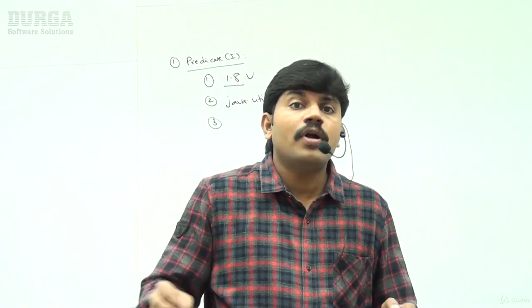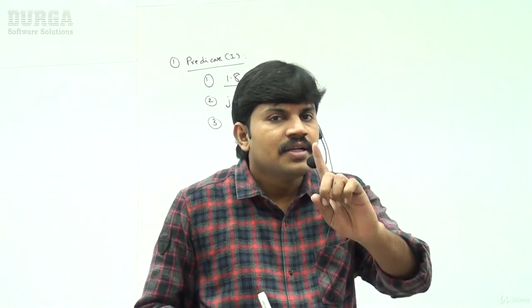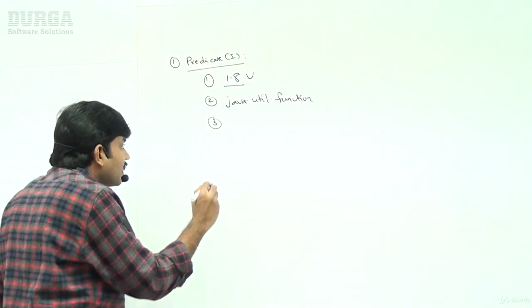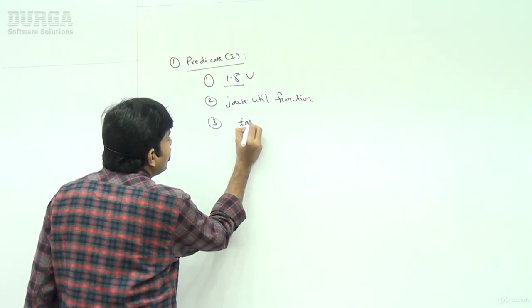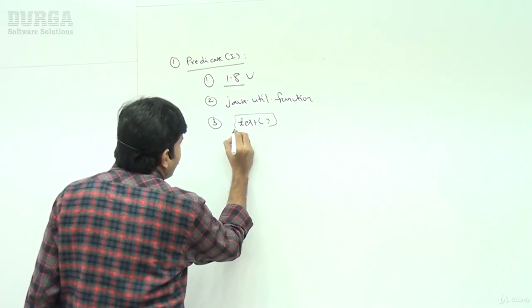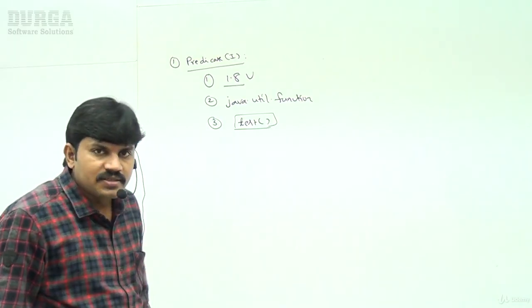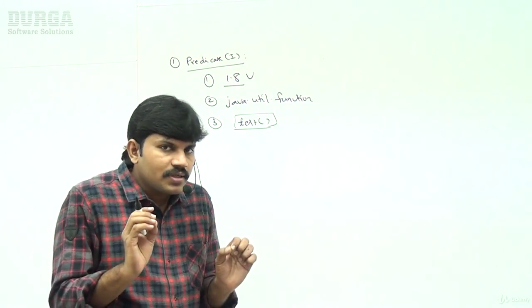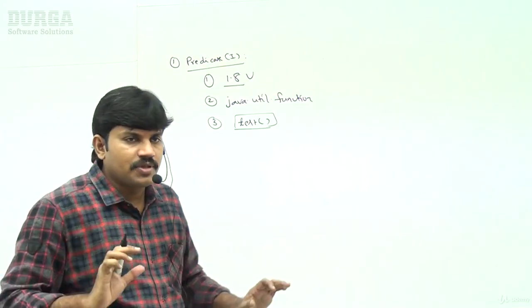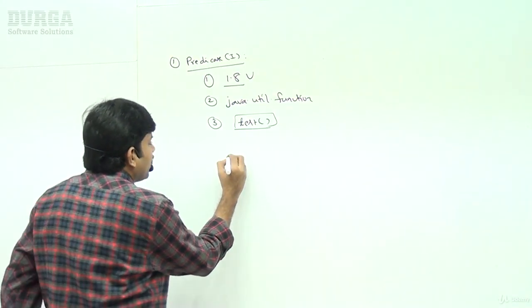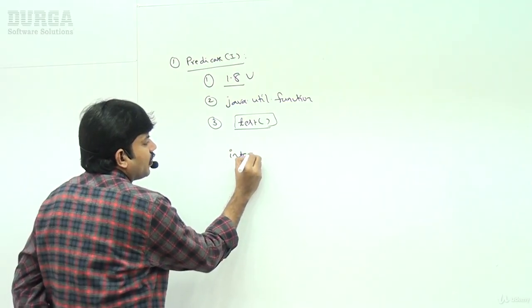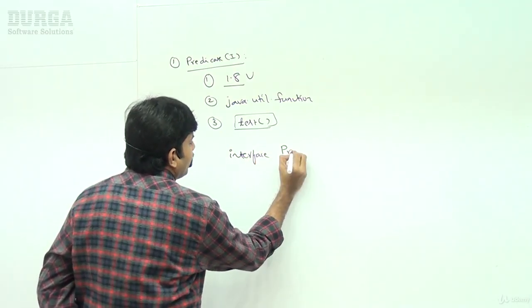Sir, what method does it contain? It contains only one abstract method. What is that method? Sir, test. Test is the method, right? Can you spell out? Test. Test itself is the method. If you want the complete prototype of this method, let me explain, sir. So our interface name, what is the interface name, sir?